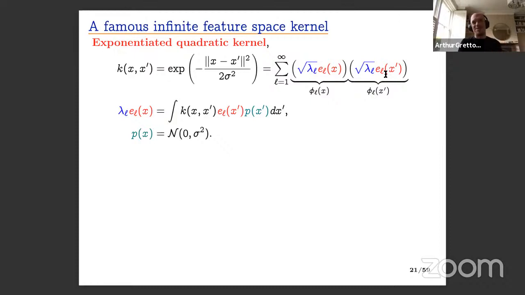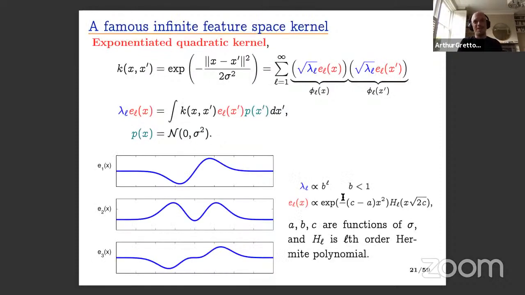It's interesting to see, because you're using this kernel all the time, and when you're using it, these are the features that you're using. So let's look at what these features actually look like. These lambdas are decaying geometrically, I've got b to the l, where b is less than 1. And these e's are Hermite polynomials with a Gaussian envelope.